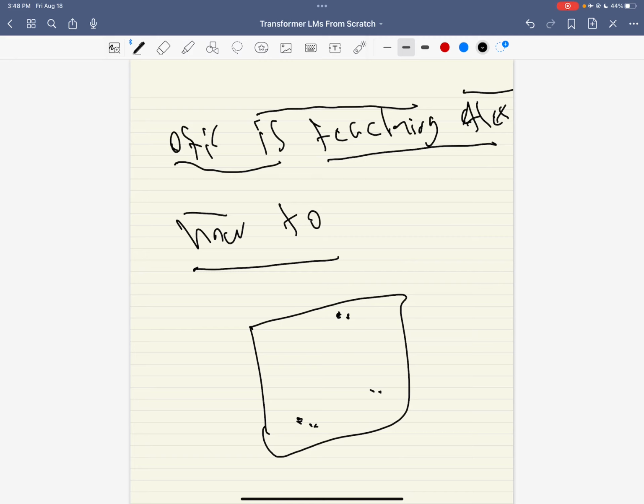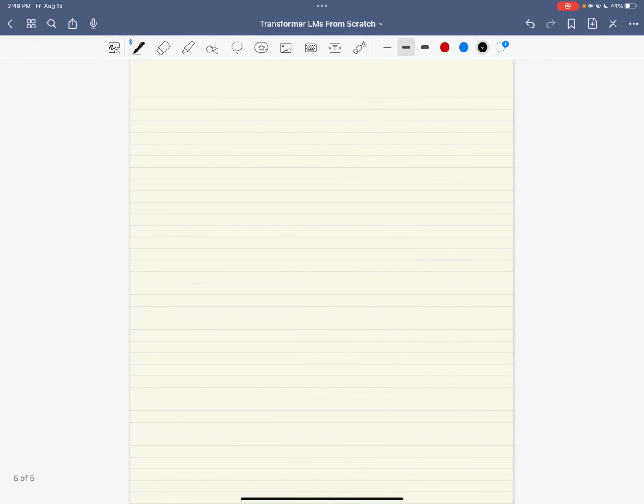One thing we could do is build a model that takes in 2 words, and now it has 2 representations of size 1,000. Before, we had a model that took in 1 word and predicted the next word.